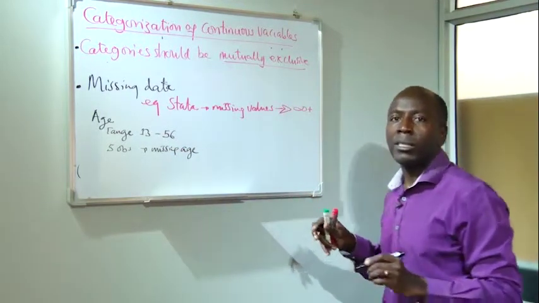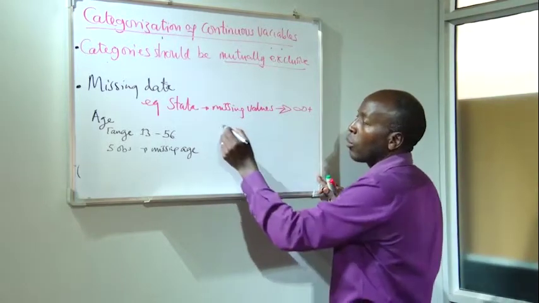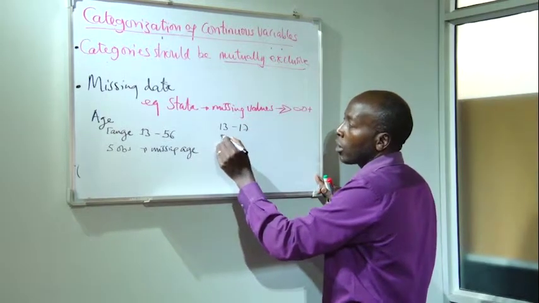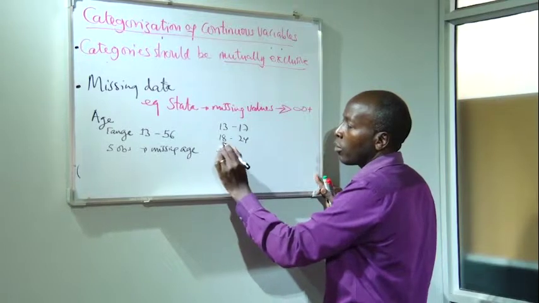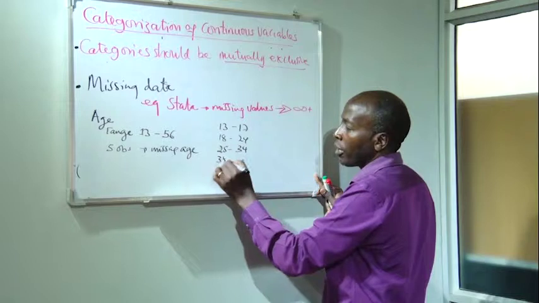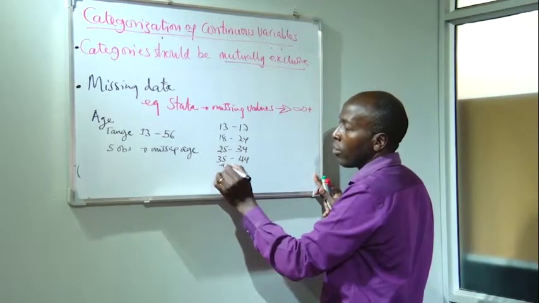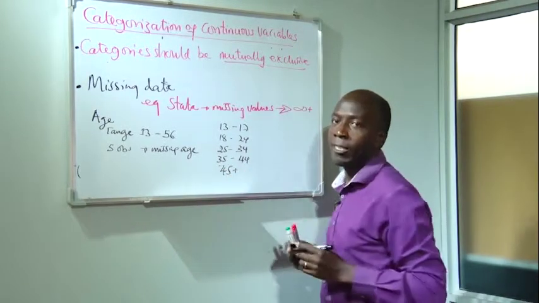When we start generating categories, we generate a category of 13 to 17, then 18 to 24, 25 to 34, 35 to 44, and 45 plus.